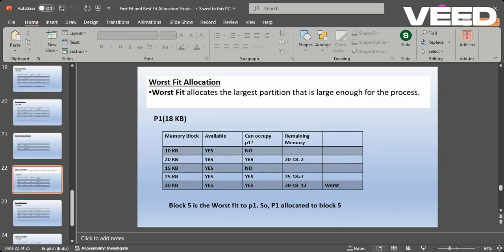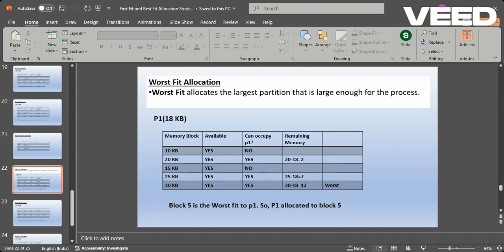The largest partition, which contains the highest memory wastage, is the worst location, which we prefer for storing a particular process. That is the condition for worst fit allocation.